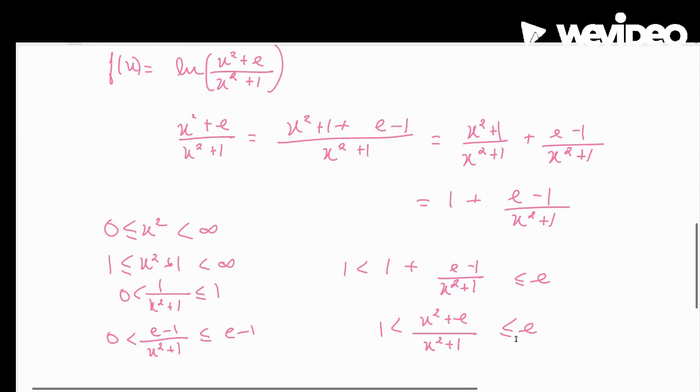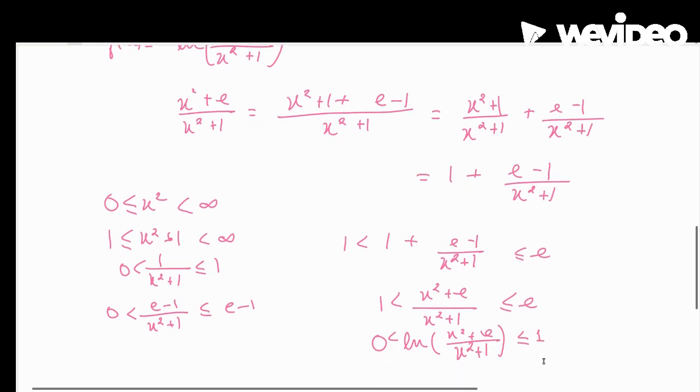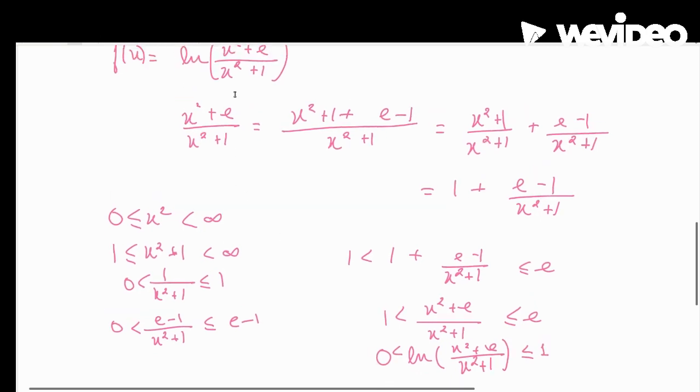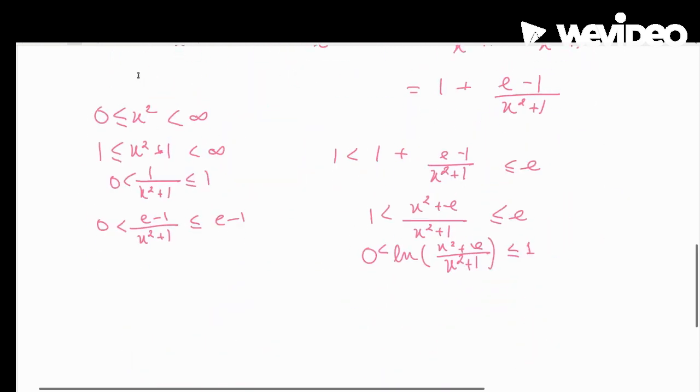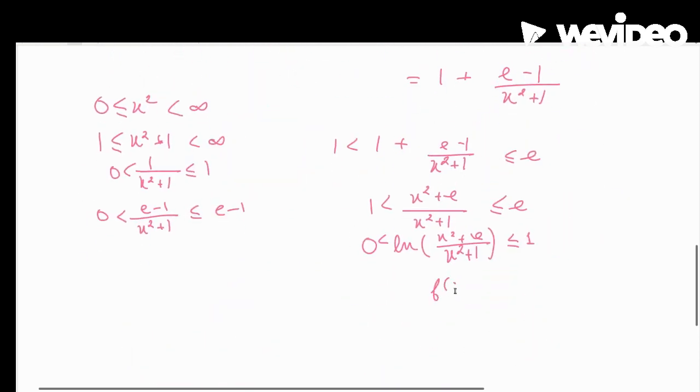Now we have to find ln of this value, that is ln of x square plus e by x square plus 1. This will vary from 0 to 1. Now ln of x square plus e by x square plus 1 is nothing but f of x. So we finally found out the range of f of x, that is from 0 to 1. Now we can put this value in g of x and see what value we get.